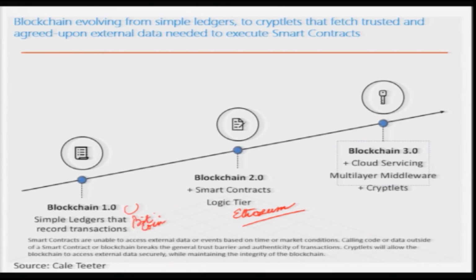Now, we are moving into blockchain 3.0. Blockchain 3.0 has smart contracts, but it also has cloud, multi-layer middleware and something called cryptlets. We will go into that much later in the course if we have time, but the idea is that neither blockchain 1.0 nor 2.0 can interact with real time data coming from the outside.